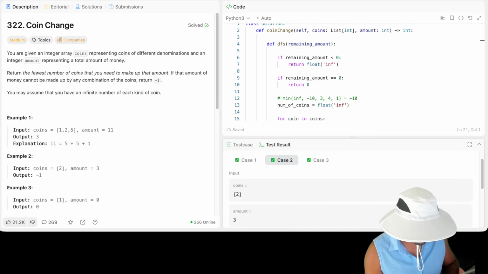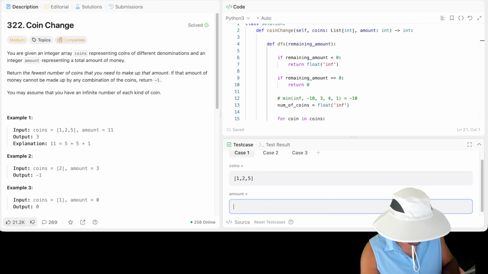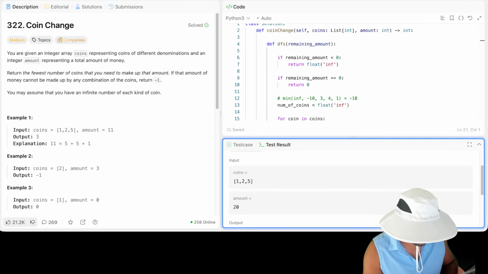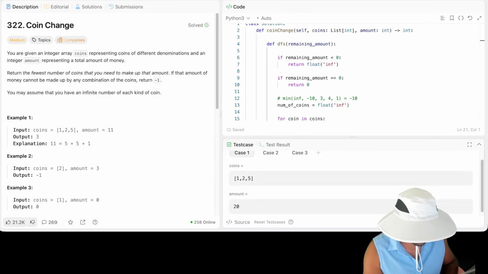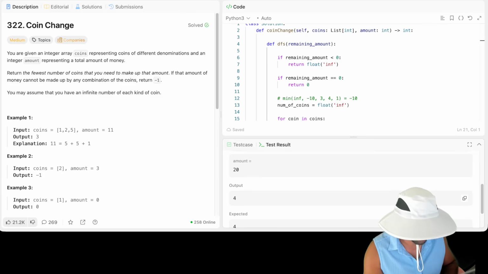These are 3 cases. Now, what's the problem? If I modify this test case, imagine if instead of 11 I put 20. I got the result still correct. 4 coins.